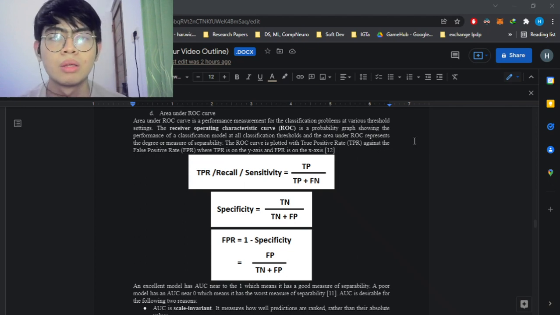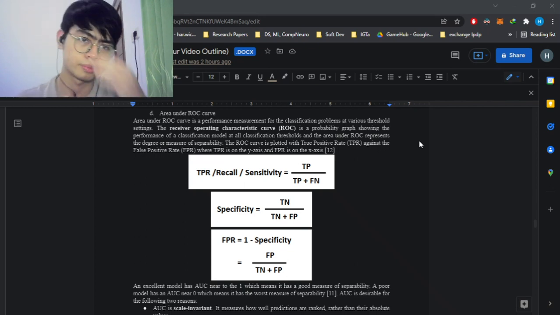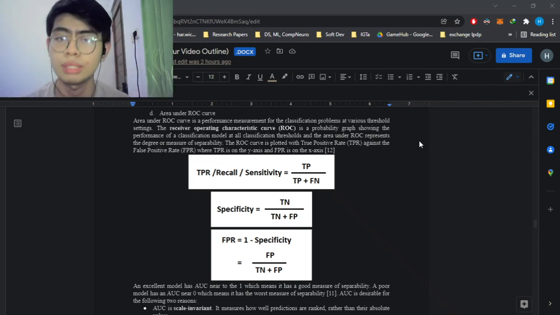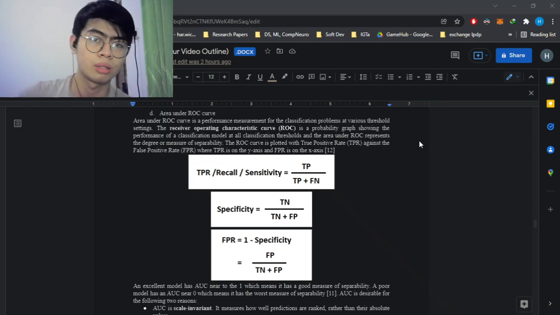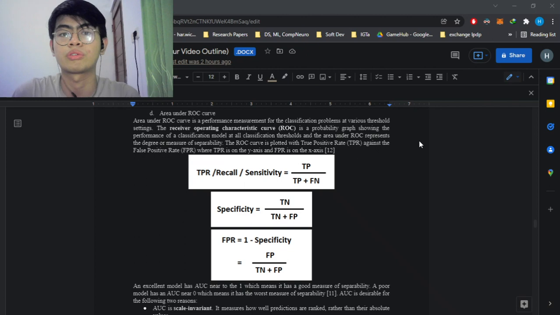So how do we speculate about the performance of the model? An excellent model has an AUC near the value of 1, which means it has a good measure of separability. A poor model has an AUC near the value of 0, which means it has the worst measure of separability.